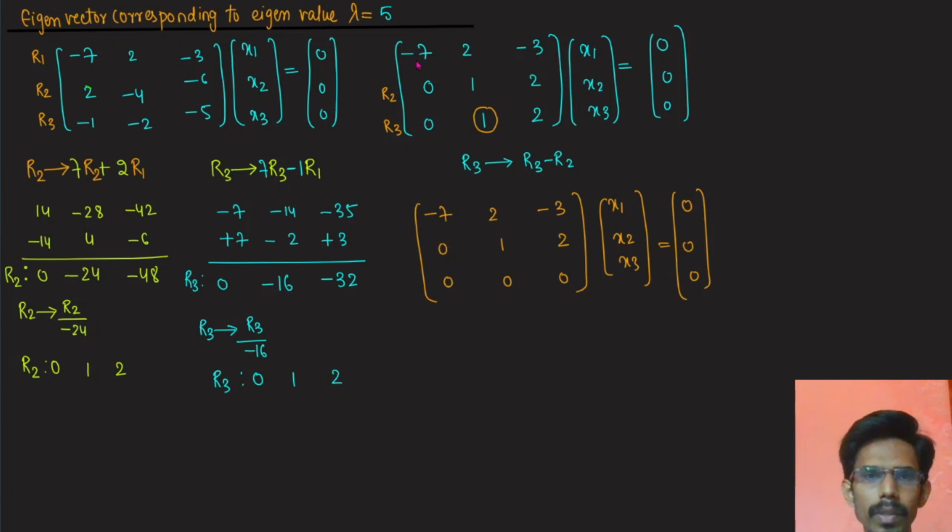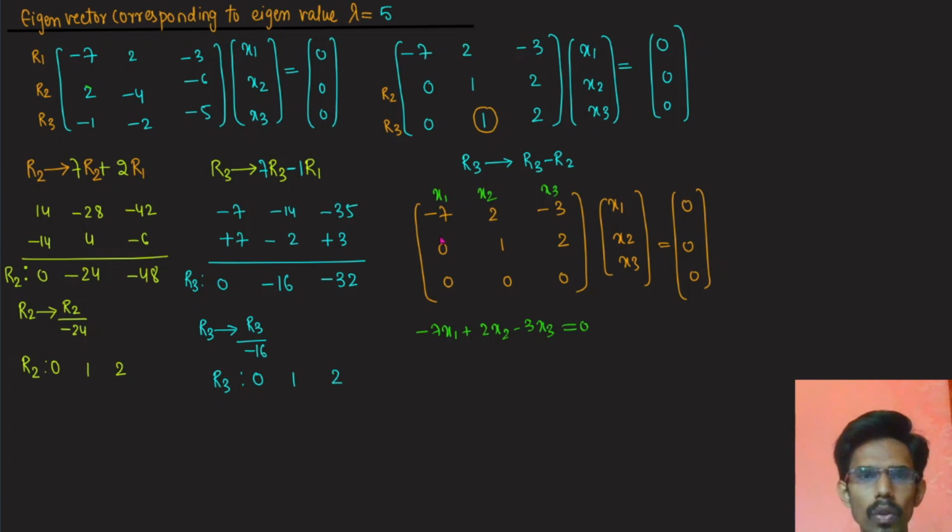Now by backward substitution, I have only two equations. Here take x1, x2, x3. So this will become minus 7x1 plus 2x2 minus 3x3 equal to 0. This is the equation form from matrix form.